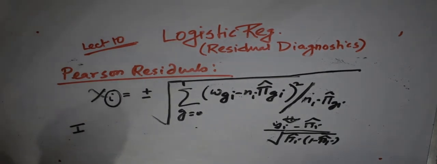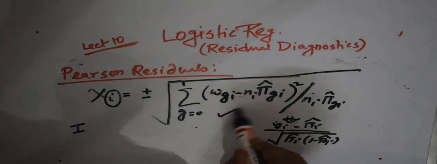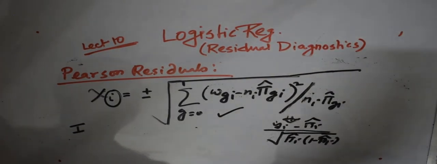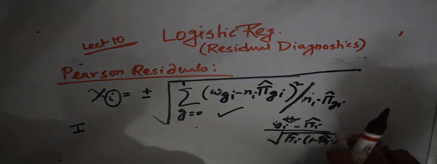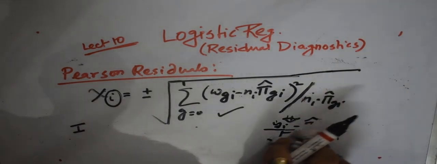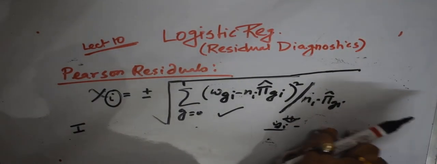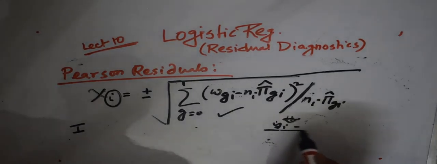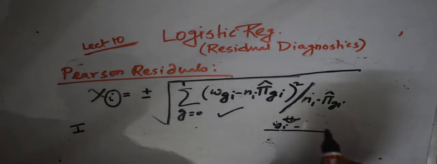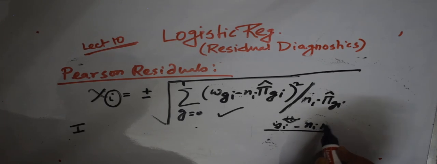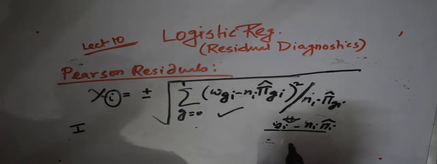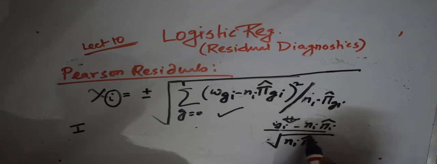And for the grouped case we use this residual, and it is reduced to (y_i minus n_i pi_i hat) by root over n_i pi_i hat into 1 minus pi_i hat.